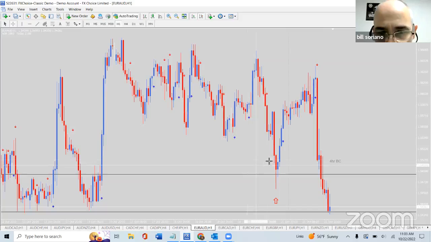So if we were to measure this, for instance, the body of this candle is about 20 pips. So we're looking for the wick to be about 40 pips, okay? So come down here, the wick's just about 29 pips. So for a body that size, we'd like to see the wick come all the way down to here for it to be a true hammer, okay?